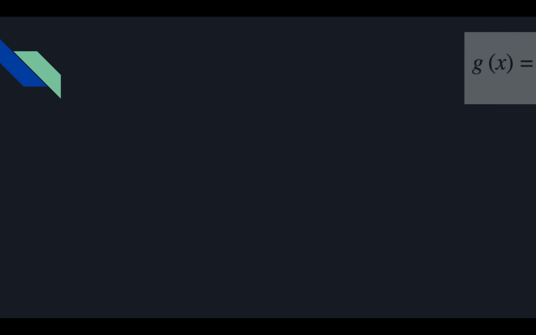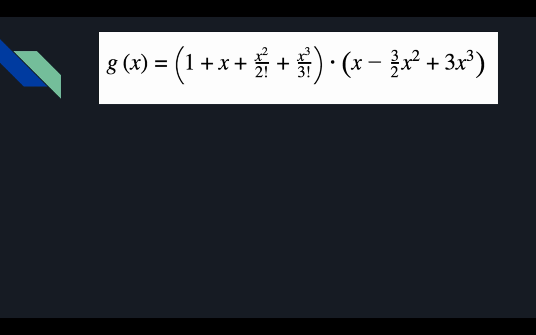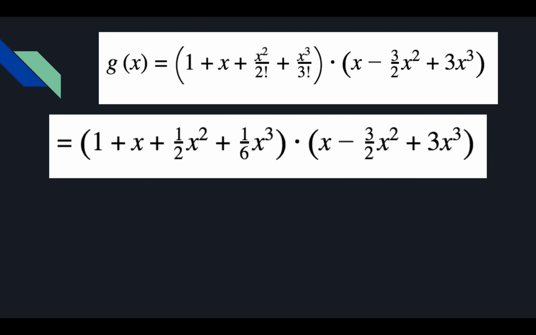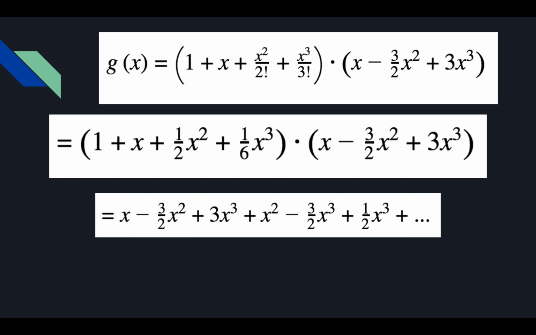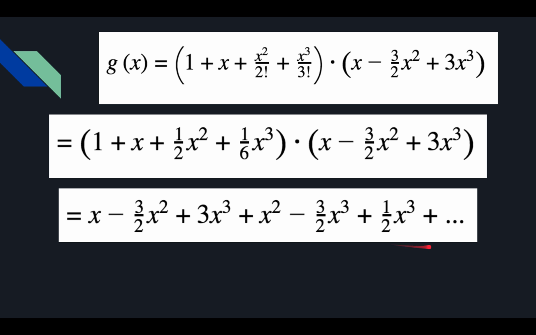So in order to get g of x, we multiply e to the x and f of x. And we just simplify the factorials and multiply across, and we get this. Notice that when I multiply, for instance, x by 3x cubed, I get 3x to the fourth.